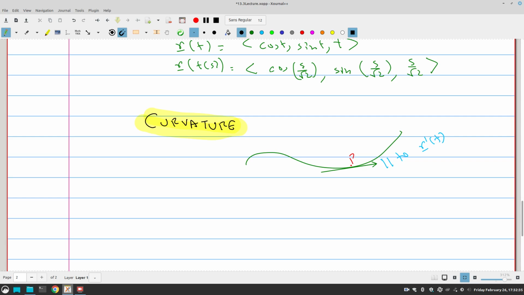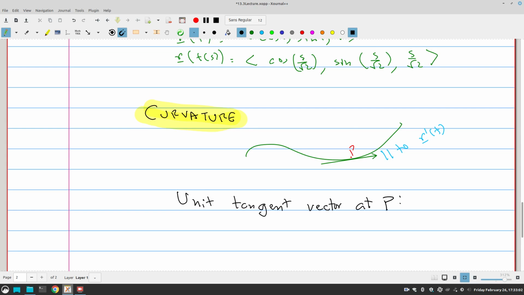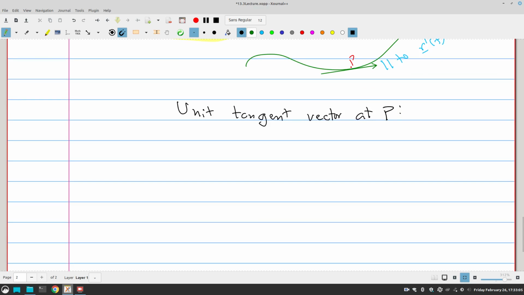We want to define the unit tangent vector at P. Let's call it T of t.